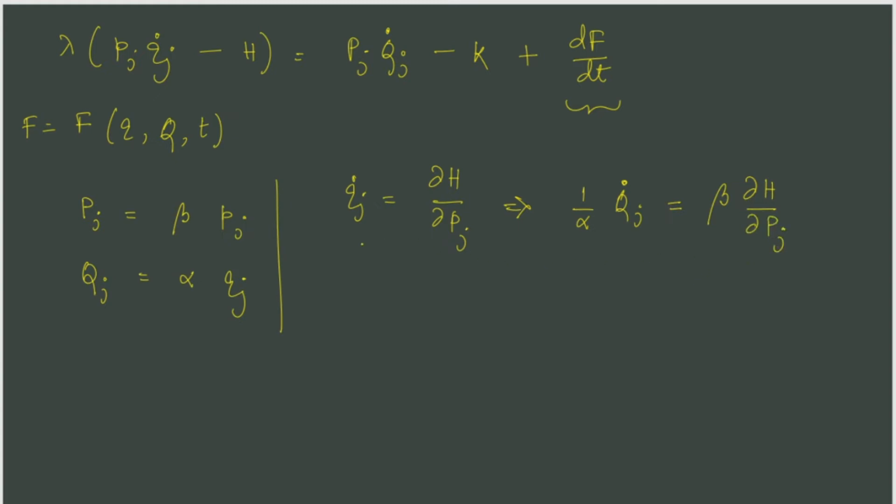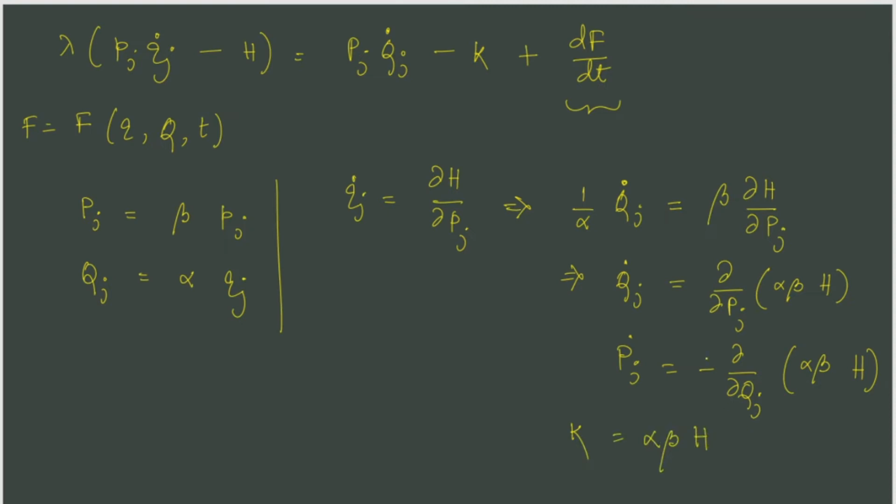So I just substituted, because alpha and beta are constants, small q and small p in terms of capital Q and capital P, and what I get is, so similarly the other equation would be, so if you define K to be alpha beta H, then you see the new equation is basically just a scaling factor away.